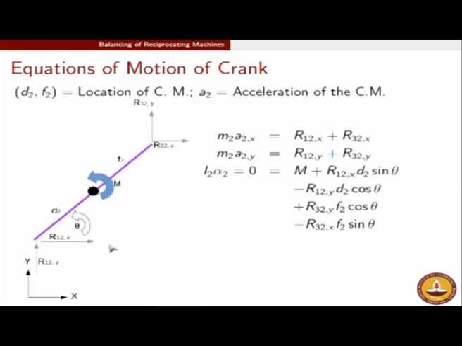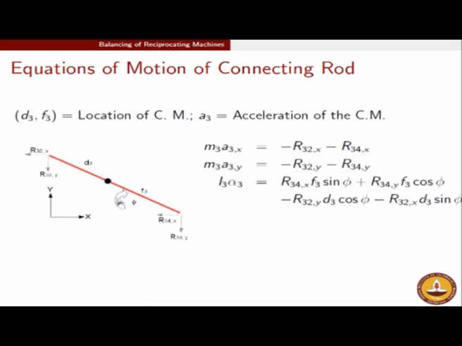PSGCT is asking me, can you explain the sign conventions in finding moments? For the crank, when I am writing the moment equations, counterclockwise is positive and clockwise is negative, but for the connecting rod, clockwise is positive and counterclockwise is negative. It does not matter; you could take counterclockwise positive here as well.